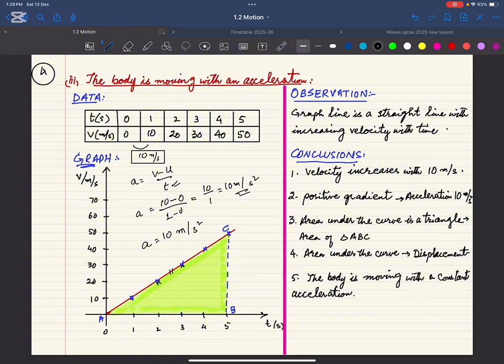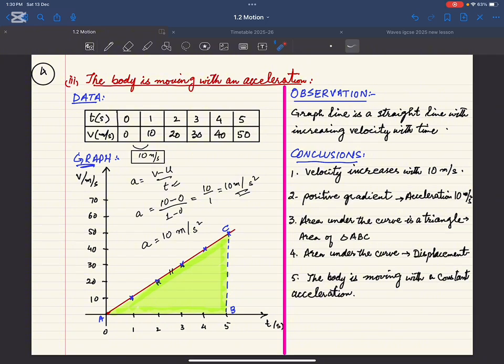If you want to calculate the acceleration for this step or this step or this step, every time you will see the change is the same, 10 meter per second. The time over here is the same interval of 1 second, so you will get the same value again and again, that is, acceleration is constant. Slope is constant means acceleration is constant.